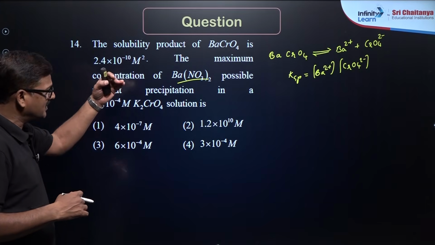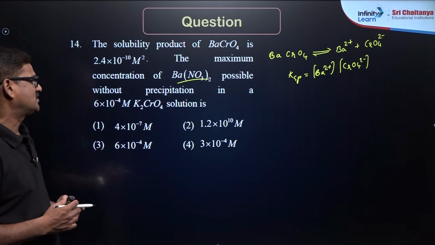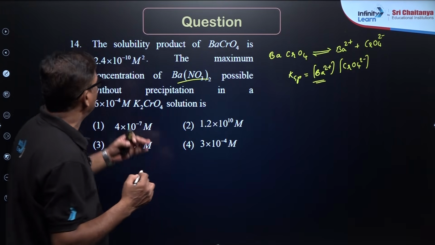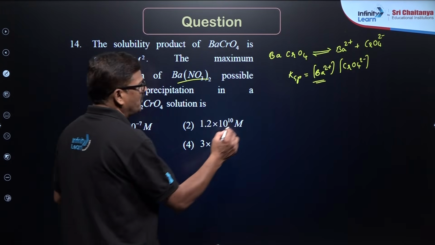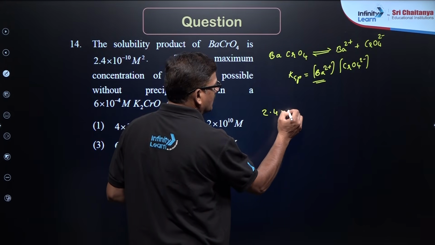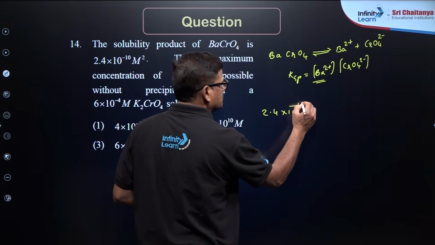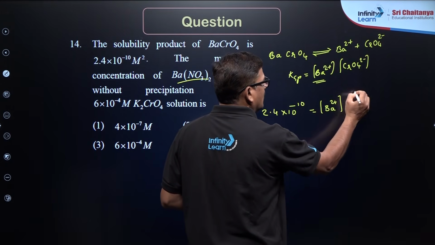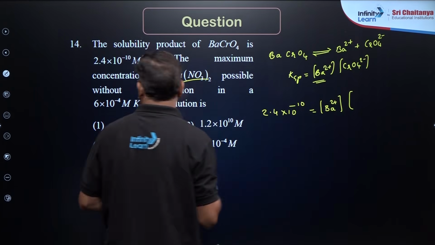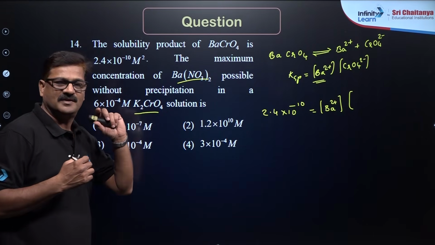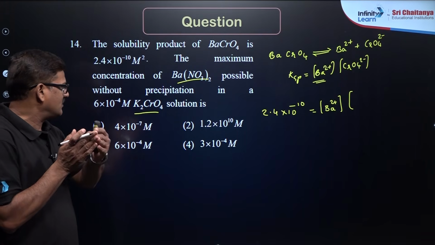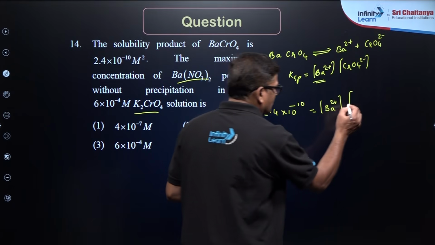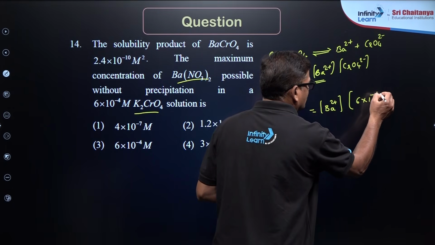So, without precipitation, how much barium 2 plus concentration can you have? The Ksp value is given as 2.4 into 10 raised to negative 10, which is equal to barium 2 plus times the chromate concentration. The chromate is 100% ionized, and whatever the chromate concentration is comes from the potassium chromate only, 6 into 10 raised to negative 4.